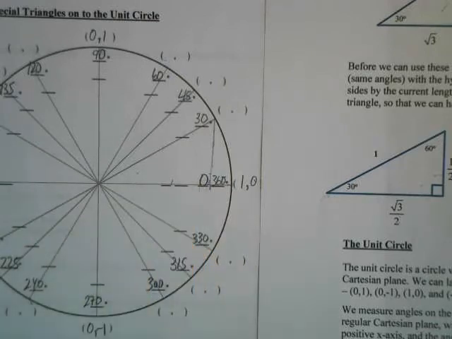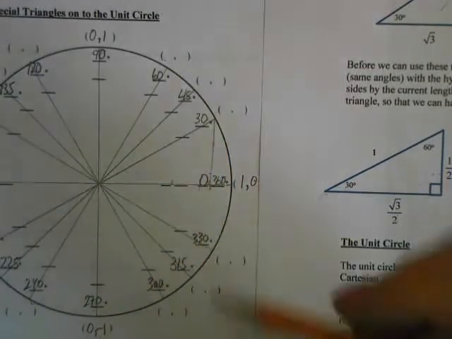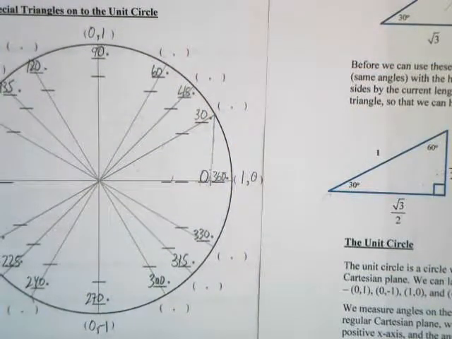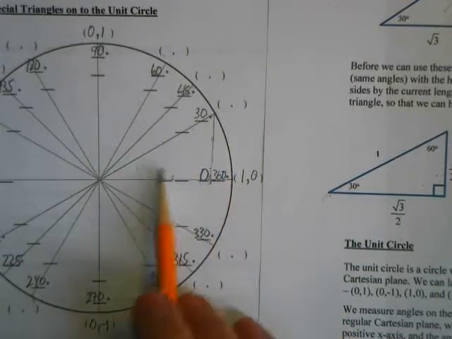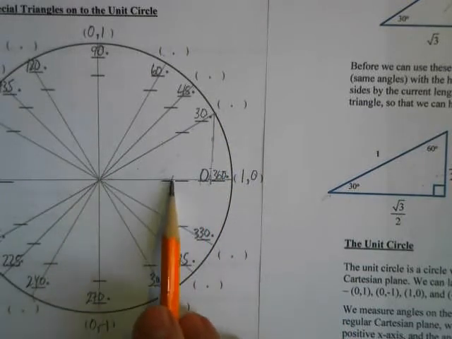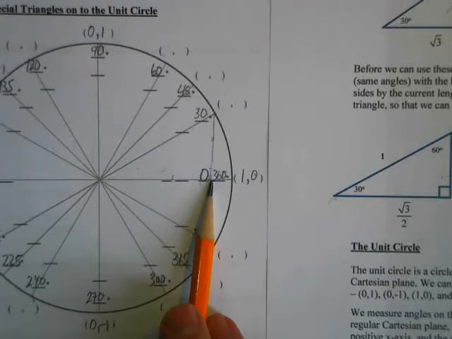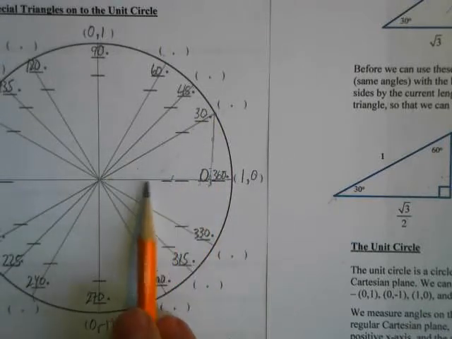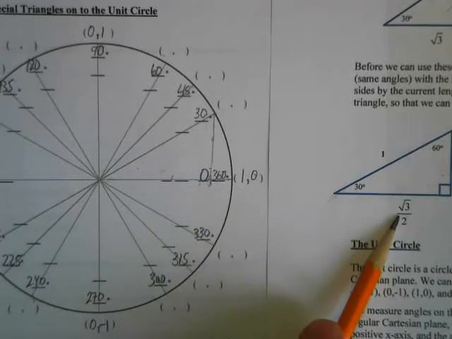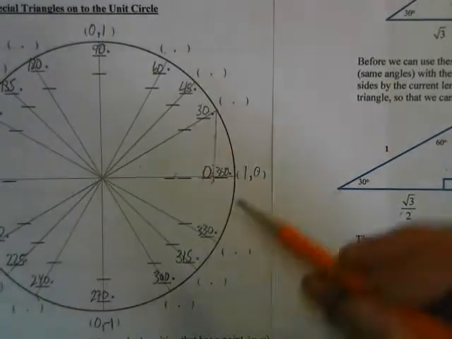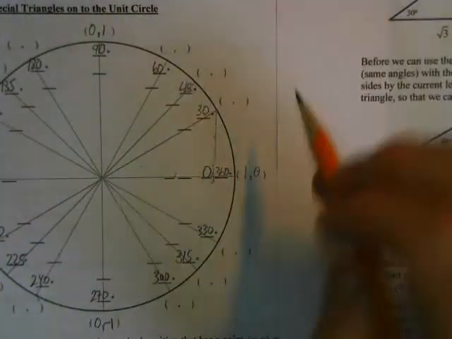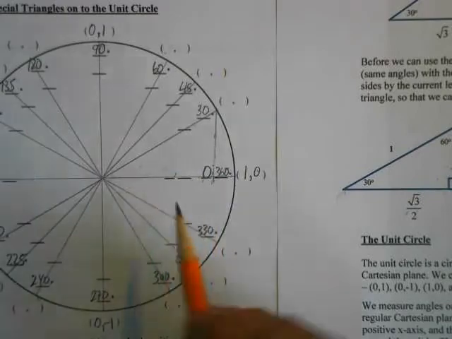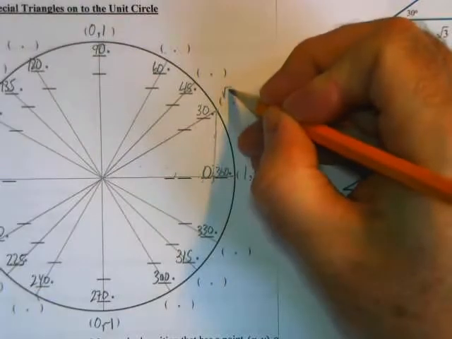Now, if I'm thinking about the x and y coordinates at this specific point here, well, I can get those from the triangle because I know the length from there to there is my x coordinate. And I happen to know that's the side length of this triangle, which is root 3 over 2. So I can now fill in my first real coordinate. So the x coordinate for this point will be this side here. So that's root 3 over 2.